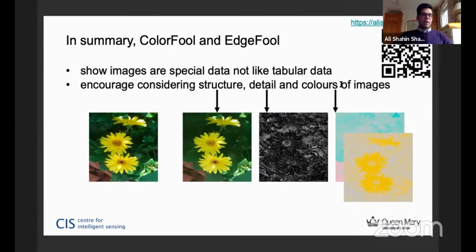If you can wisely select the semantic information inside the image and design your attacks or adversarial images based on that, for example, you can take advantage of the structure, the detail, and the color of the image, and design your algorithm. So images are special data.